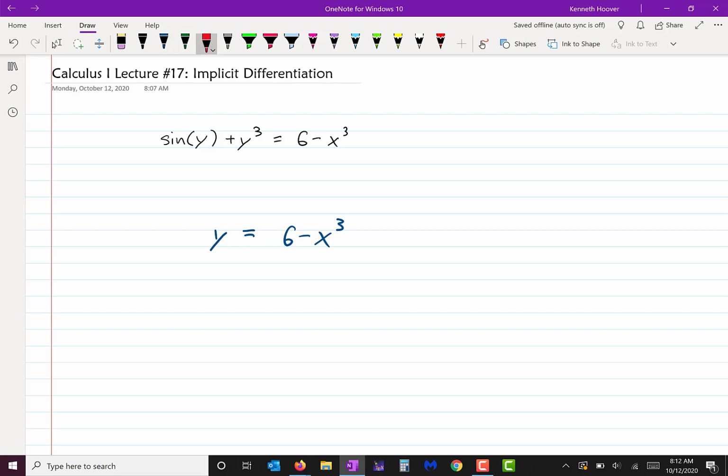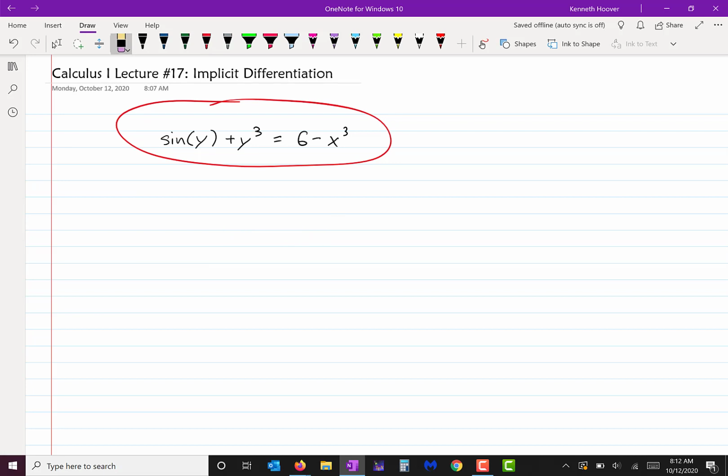But up here, we have a much more complicated situation where it doesn't just say y equals this stuff done to x. What we have up there is stuff being done to x and also stuff being done to y. And in a case like that, I would not want to just say find the derivative. I should say find the derivative of y.